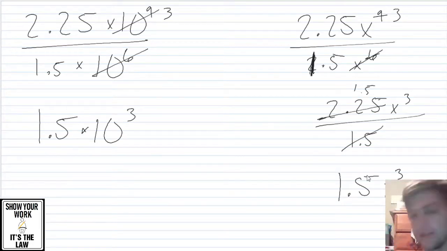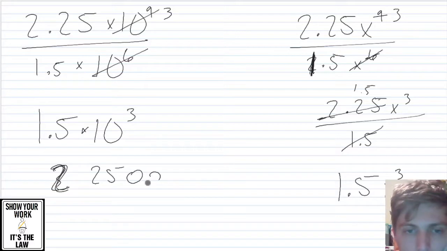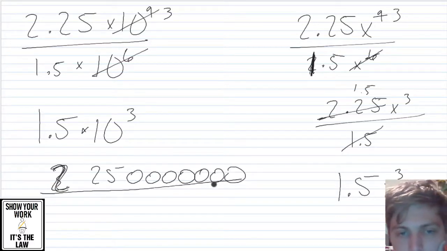What I prefer to do, so I'll go ahead and show you the alternate route. Let's say we did have those big old numbers. Let's say we multiplied them out first. 2.25, move the decimal 9 times, would actually give us that number, and then down here we would have the other one.